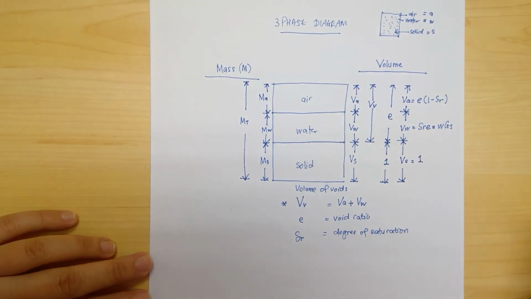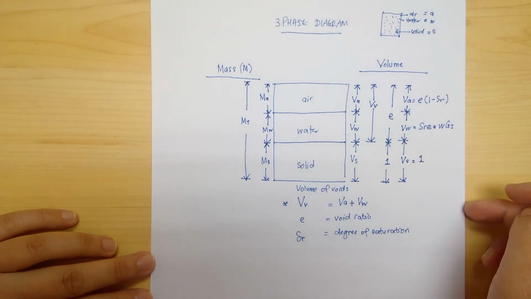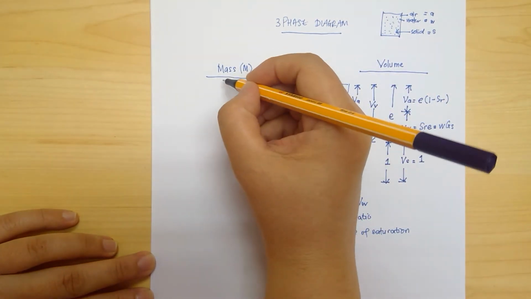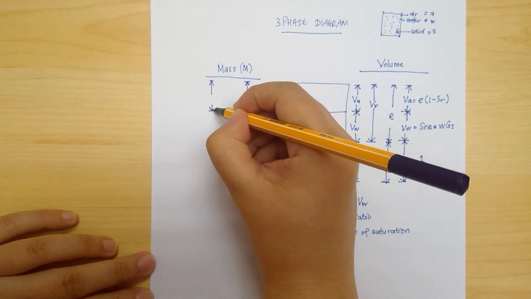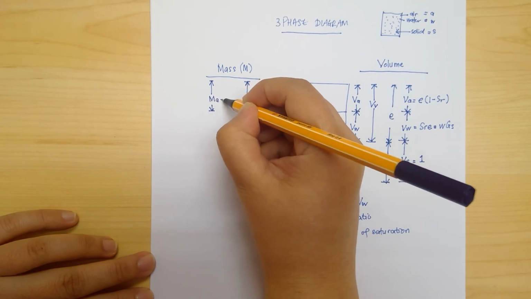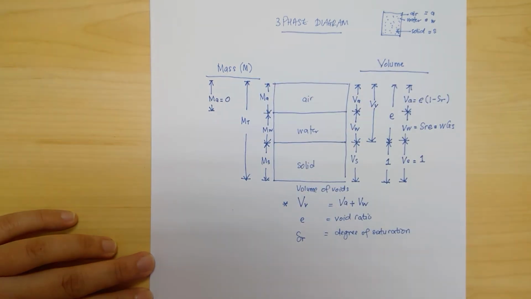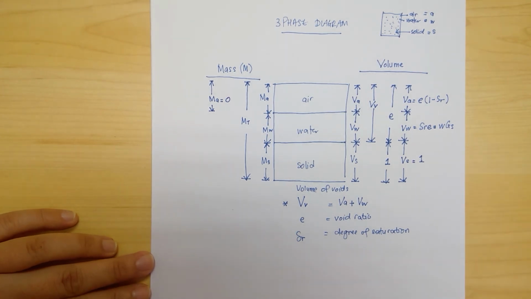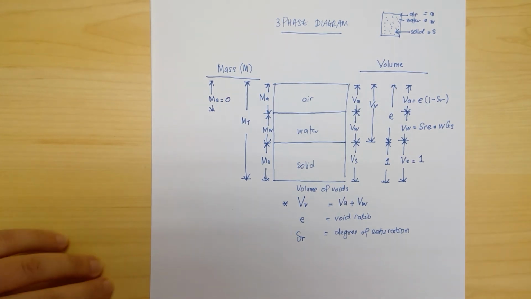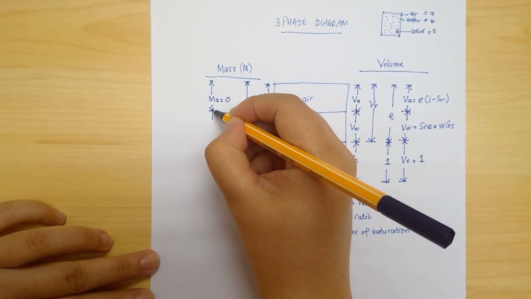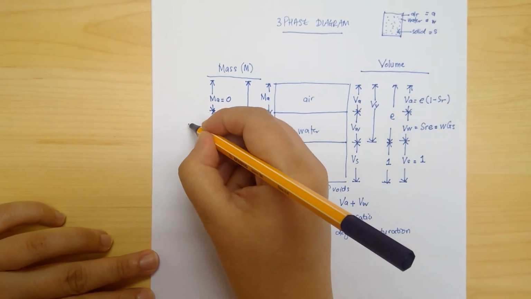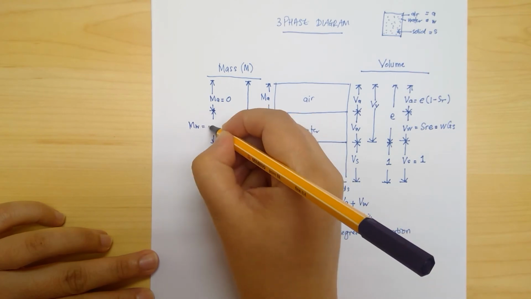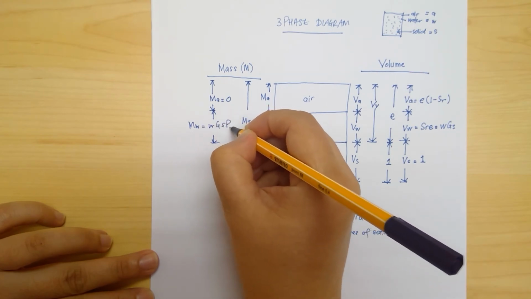That is for volume. But right now we also want to learn about mass. For the three-phase diagram, for mass of air, we know that air will not take any mass value. We cannot weigh air, so it always gives the value of 0. And then the mass of water is given by w Gs rho w.